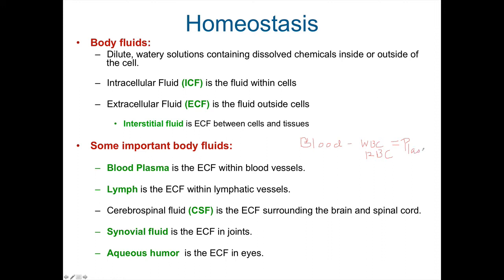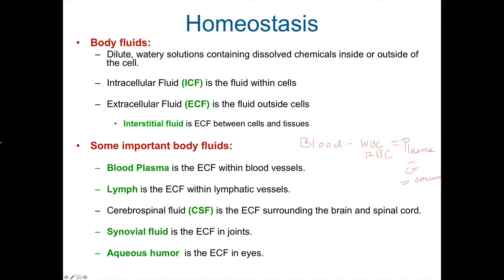If you take plasma and remove the clotting factors out of plasma, CF stands for clotting factors, you end up with serum. So make sure that you can differentiate between whole blood versus blood plasma versus blood serum.